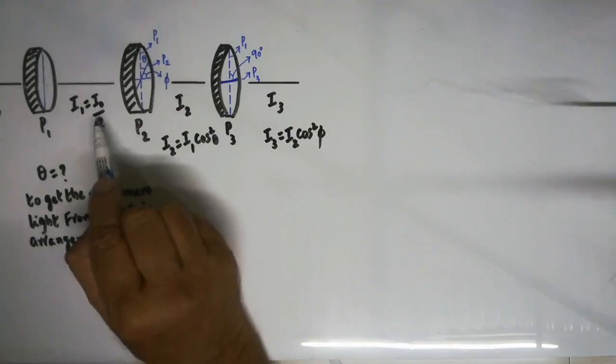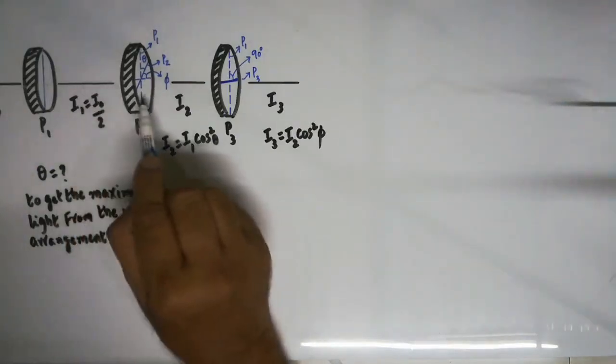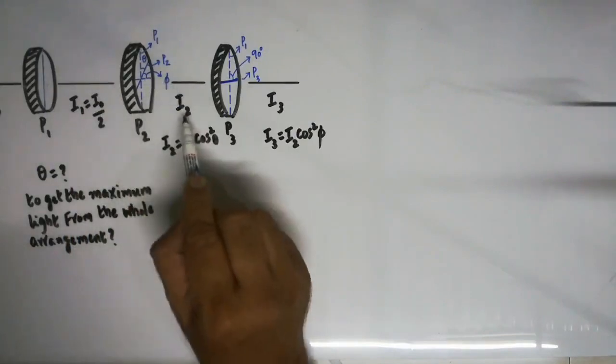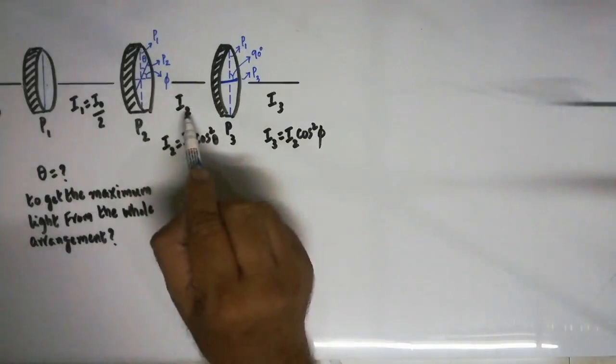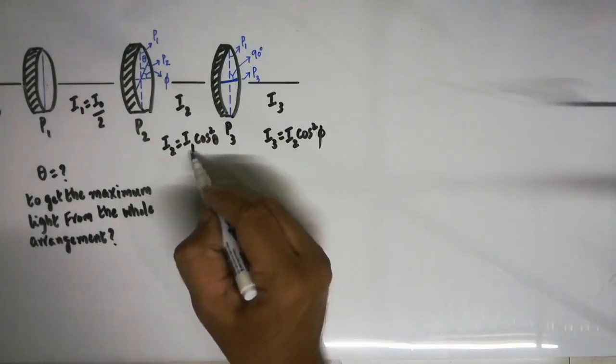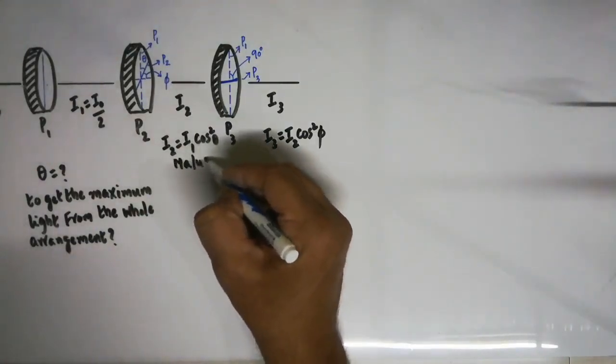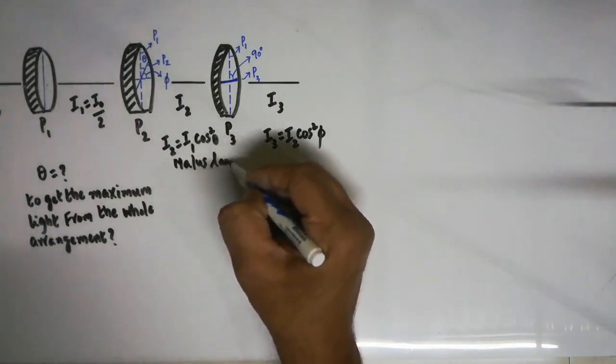Now after that, the polarized light is passing through the second polaroid. The outcoming light from the second polaroid has intensity I2. This I2 intensity can be calculated with the help of Malus law. Are you clear?